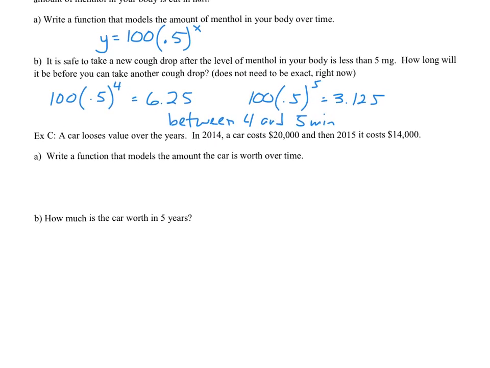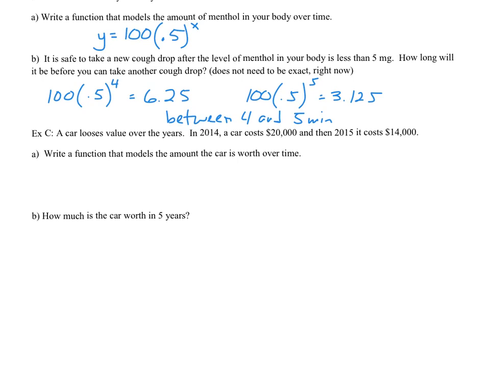All right. A car loses value over years, which you guys should know. In 2014, a car cost $20,000, and then in 2015, it cost $14,000. I want to write a function that models how much the car is worth over time. So this one's a little bit tricky. I didn't tell you how much it went down, right?